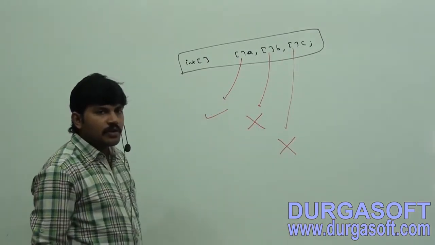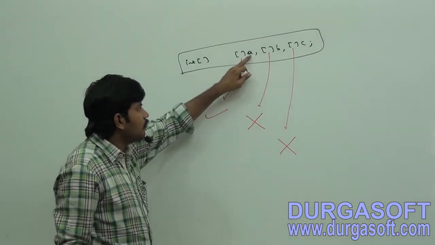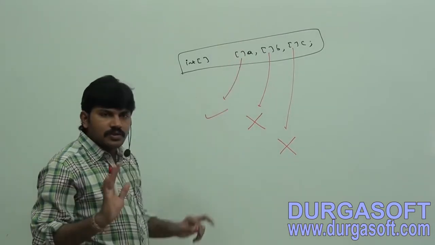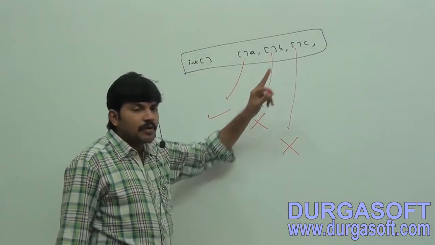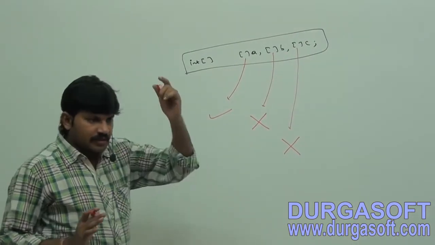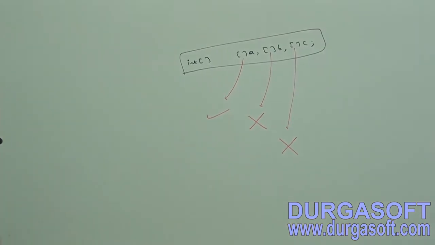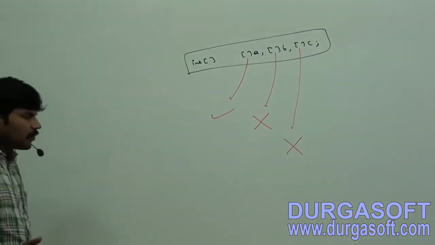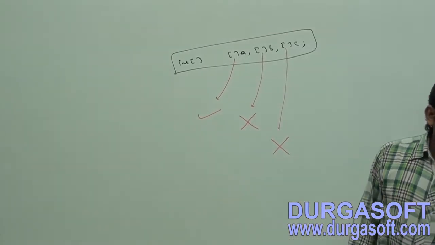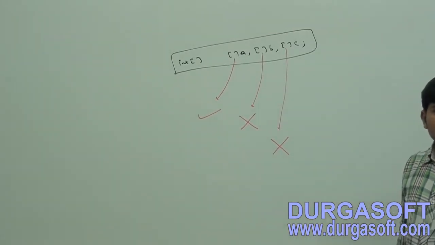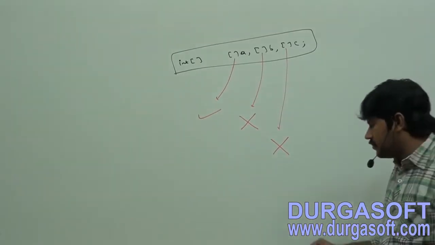Because if you want to declare the dimension before the variable, this facility is applicable only for the first variable. From the second variable onwards, we can't do that. Add this example. But after the variable, you can declare, no problem at all. This rule is applicable only before the variable.